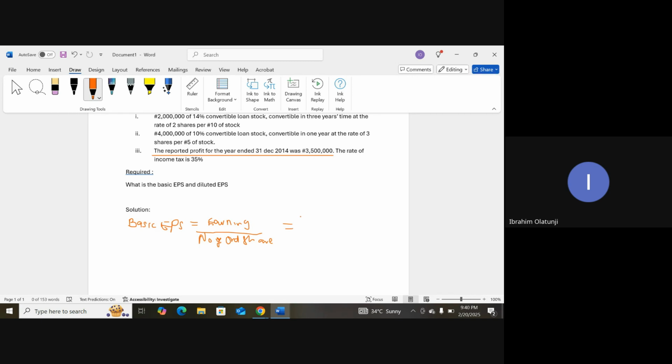Our earnings is 3 million 500 thousand, all over the number of ordinary shares, which is 10 million shares. So what do you have?